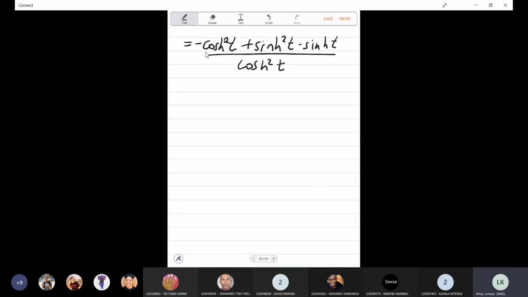Okay, and then here in the numerator, that is an identity which is equal to 1. So we have 1 minus sine hyperbolic of t over cos hyperbolic of t.